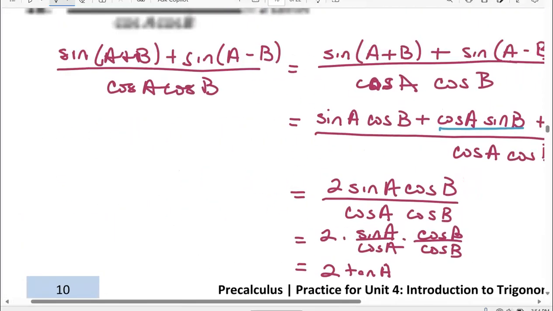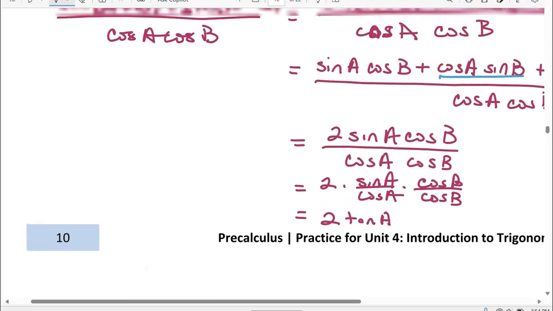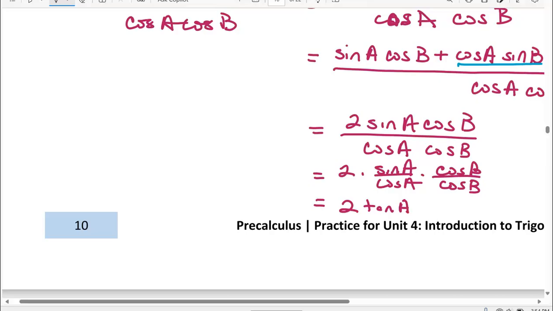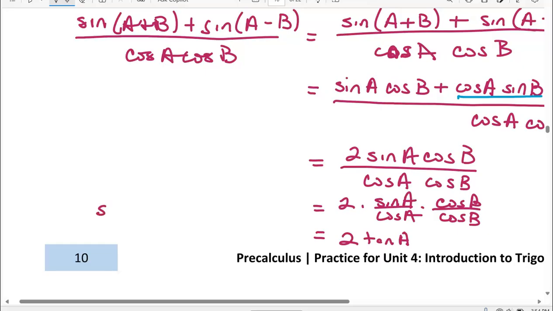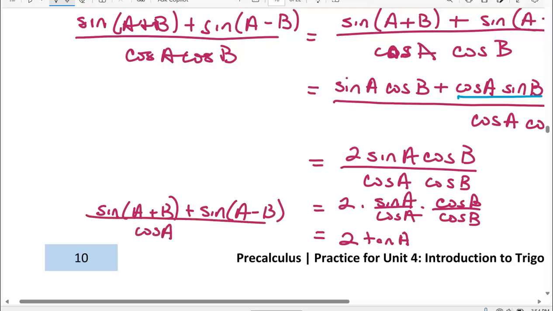So this final result is just 2 times tangent of angle A. I'm just going to bring down what was on the left side of the identity, which was the sine of A plus B plus the sine of A minus B all over cosine A cosine B is equal to 2 times the tangent of A, with my arrow in between to indicate that that expression carries all the way down.